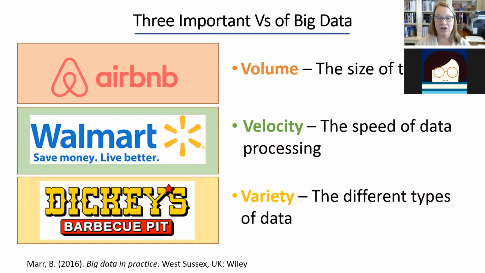So when they have excess inventory at one of their stores, they're able to send out a text message to their customers saying, hey, come pick up your ribs at the Austin location. We are discounting them $5 off. And that's because of the different types of data that the company is able to capture.